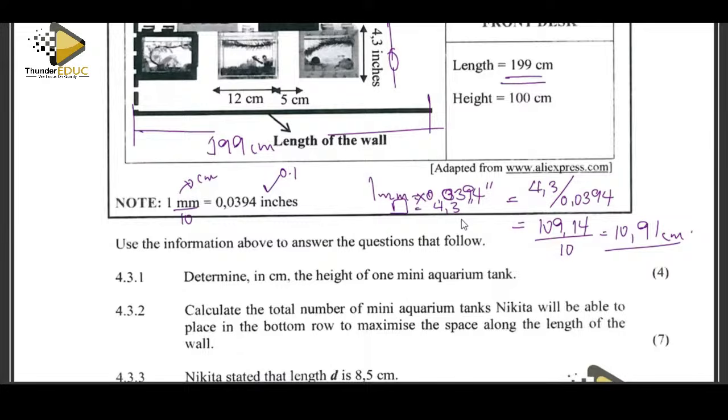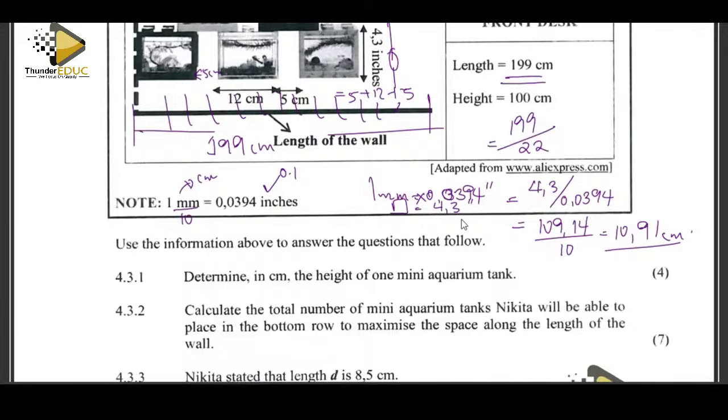But before we divide, remind you, we are placing this like this. So it has 5. Also here is another one, 5. So in other words, the aquarium will have 5 plus 12 plus 5, which becomes 22. Now having done that, we find out how many we shall fit on the long side. So we shall take it to be 199 divided by 22.